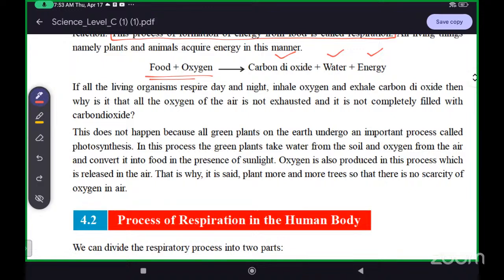Energy in human beings comes from three things: carbohydrates, lipids, and proteins. Carbohydrates, proteins, fats, all of those substances give our body the energy.